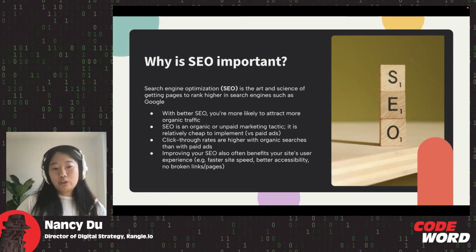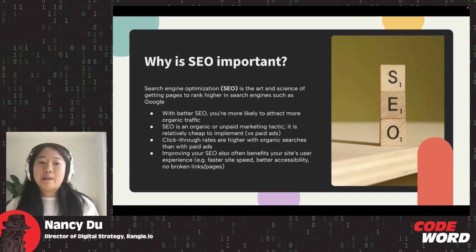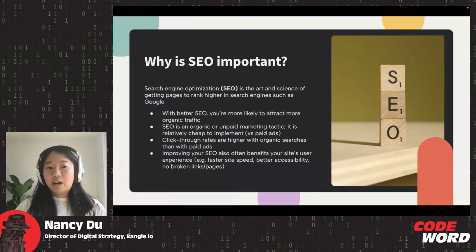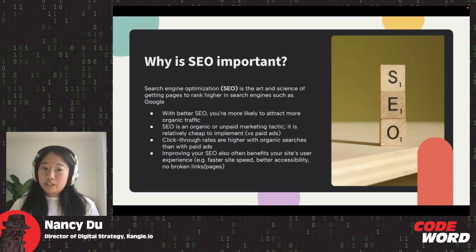Research also shows that click-through rates are actually higher for organic searches than paid ads. Even though paid ads on Google search tend to be the first thing that shows up, research shows that people particularly choose to scroll down and click on the first non-paid results.